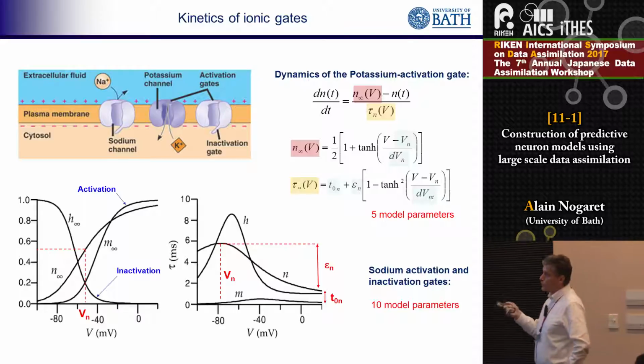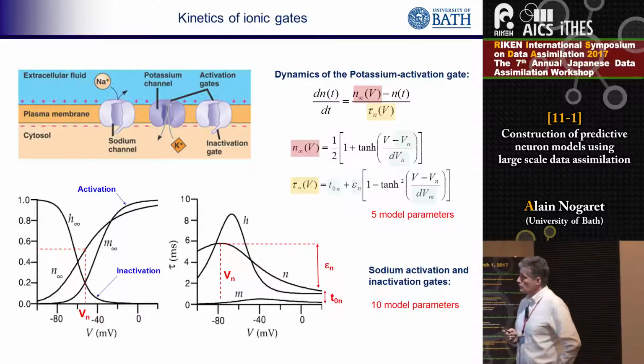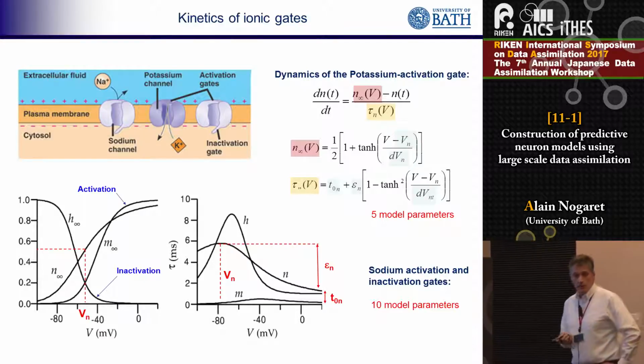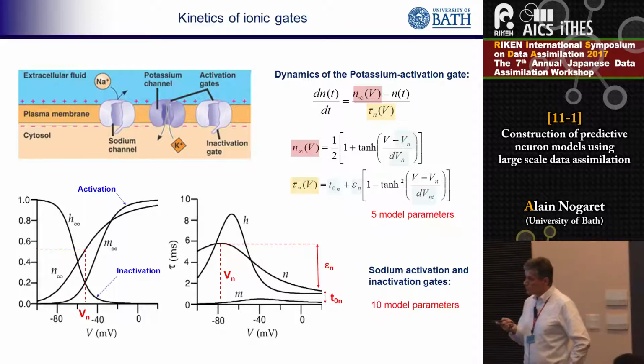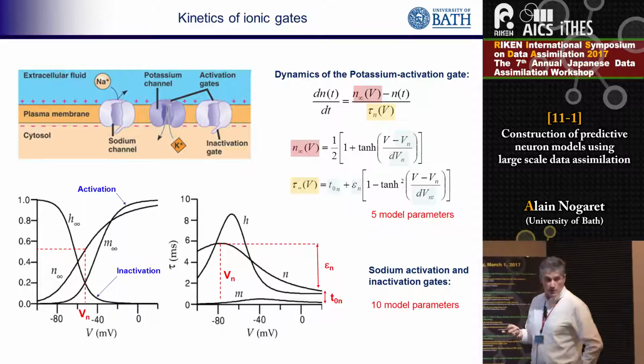These gates do not open instantly, so you need a rate equation and an associated time constant to describe the rate at which these ion channels open and close. The time constant depends on the voltage, and it depends on three parameters. You also have the nonlinearity of the ion channel response, which is given by a sigmoid curve, whereby the probability increases as a function of the membrane voltage increases.